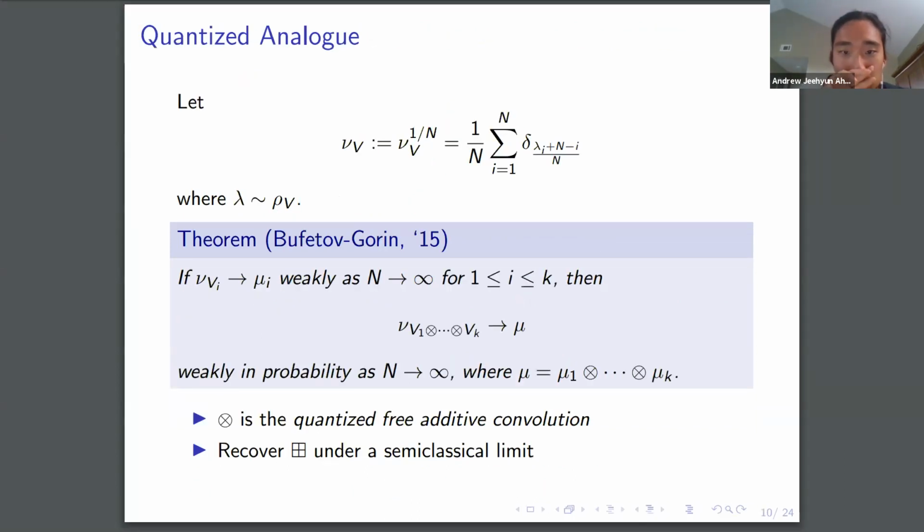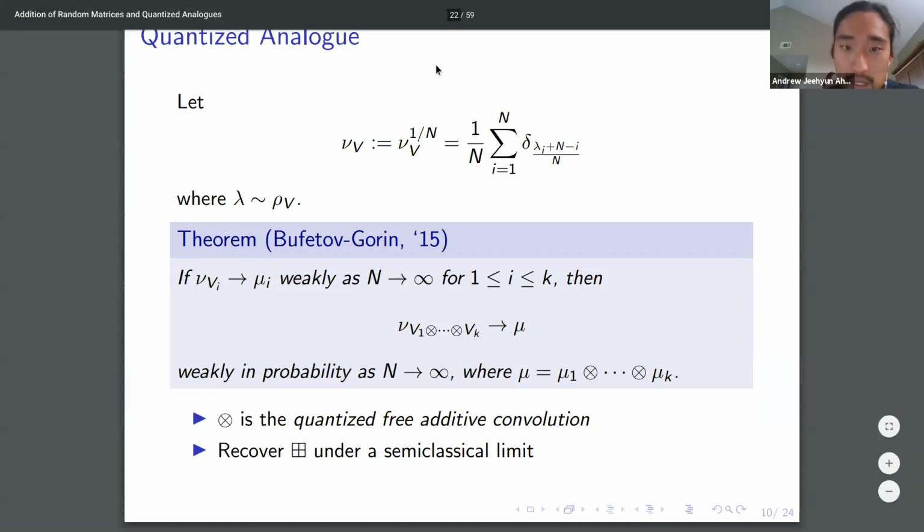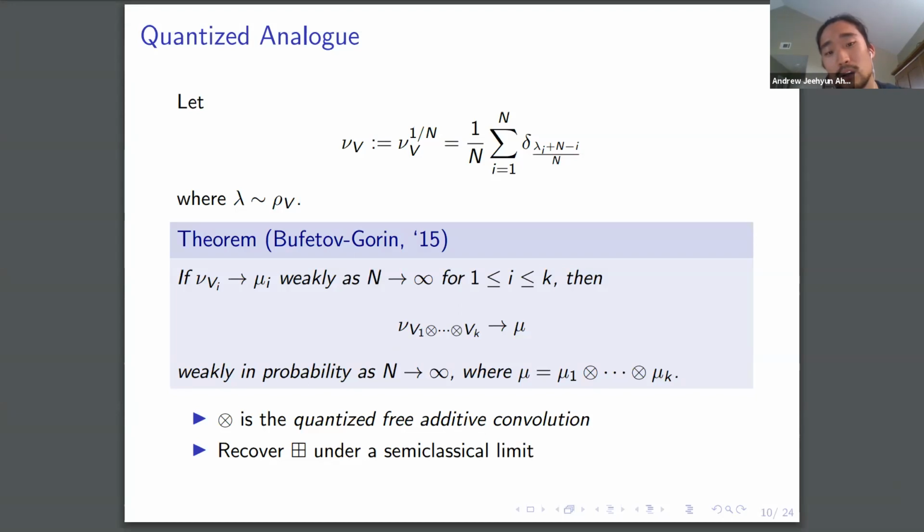If you consider the same setup, where we now replace epsilon with 1 over n, and we assume that the spectral measures of the V sub i's converge to mu i weakly as before as n tends to infinity with this new scaling, then the spectral measure for the tensor product of the V i's tuned by 1 over n will tend to something that is not the free convolution.